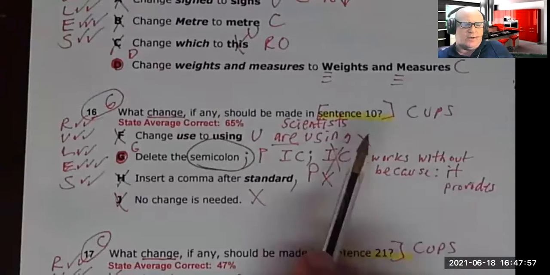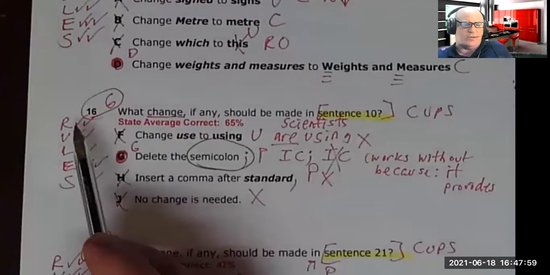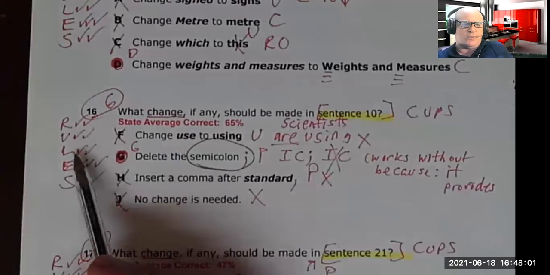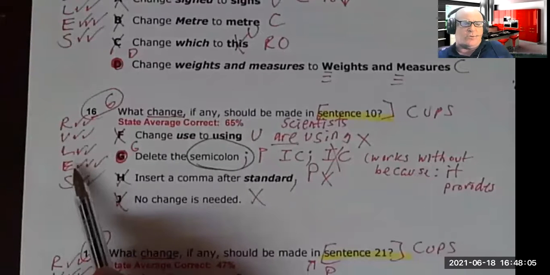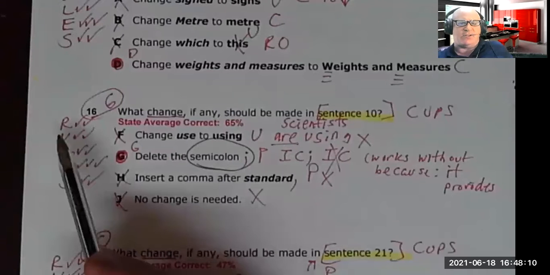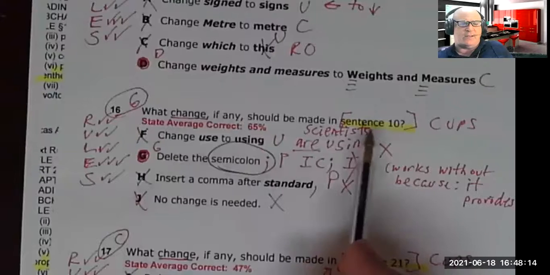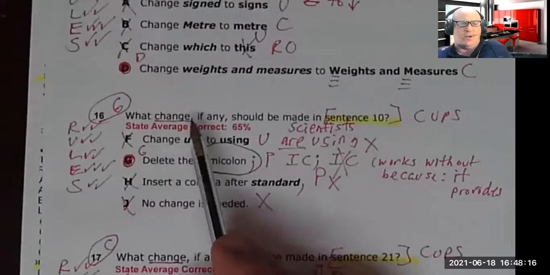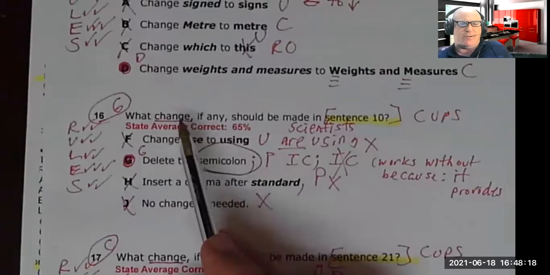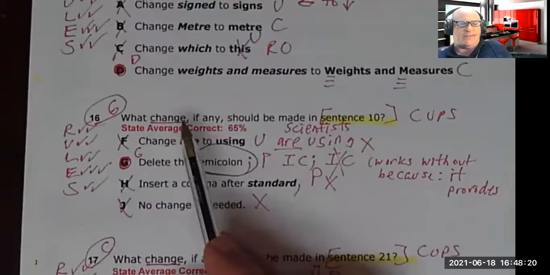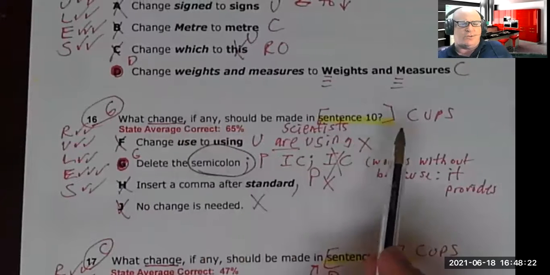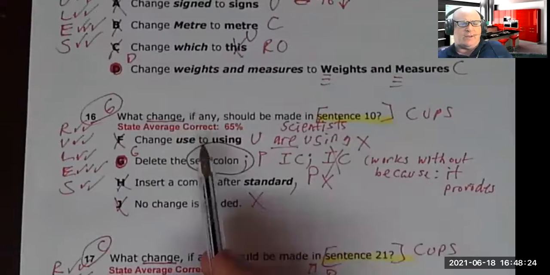We read the question, we underlined and labeled the question, we evaluated the question, executed our strategies. So we're going to read, underline, and label inside the passage just sentence 10. Remember that we said if the question says change, you'll underline change and you'll label the word. Letter F said change use to using.